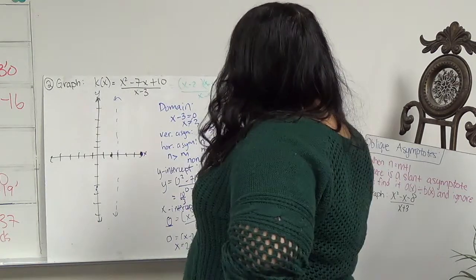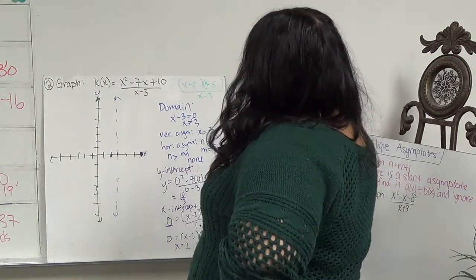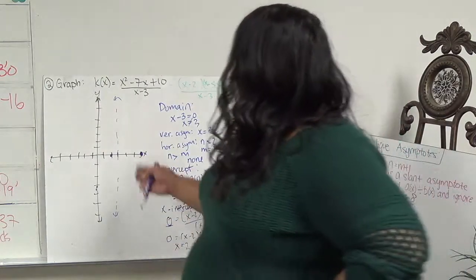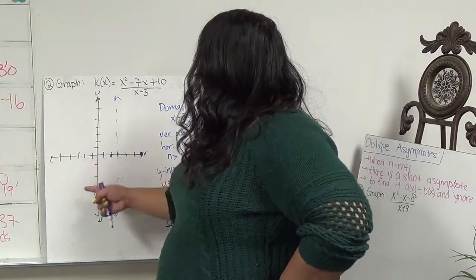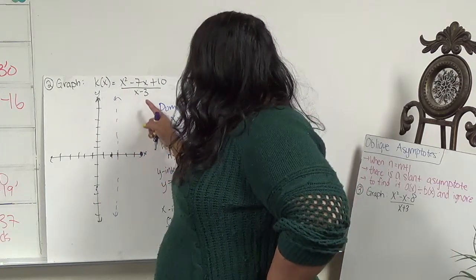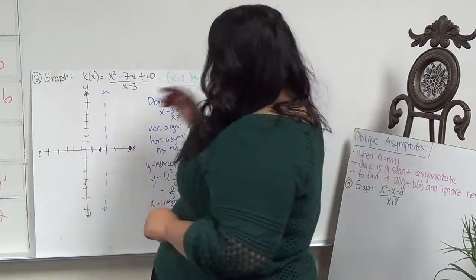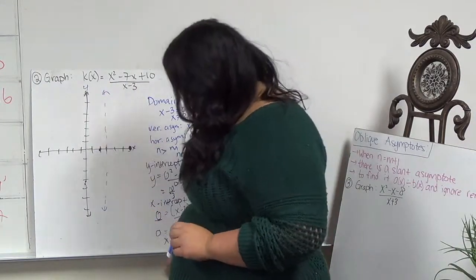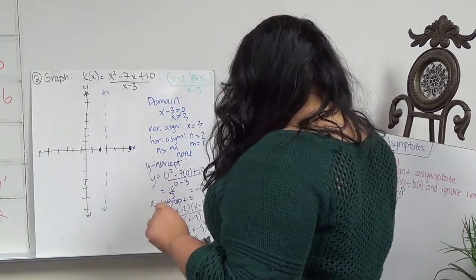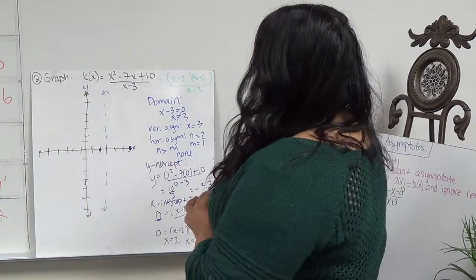So what you need to do then is just to test each one to see how it approaches the asymptotes. So the last step is to find and plot at least one point in the intervals determined by x-intercepts and vertical asymptotes.